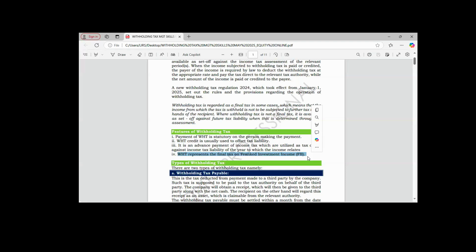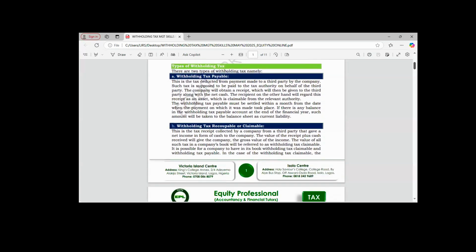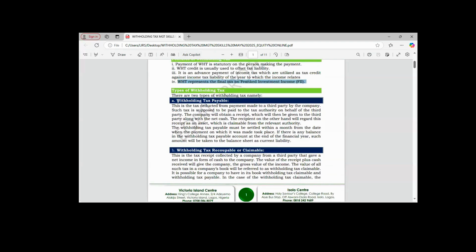Then what are the types of withholding tax? As far as withholding tax is concerned, there are two types: withholding tax payable and withholding tax claimable, or recoupable. So what is withholding tax payable?